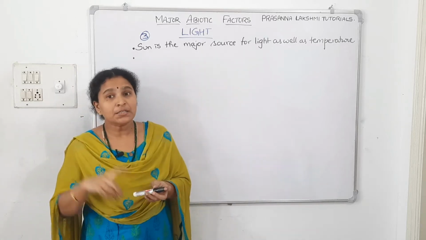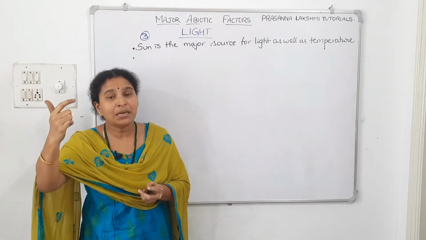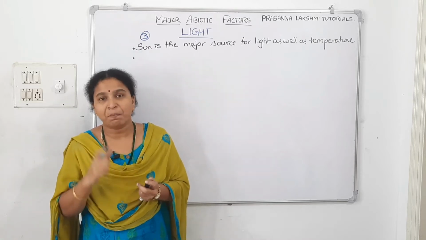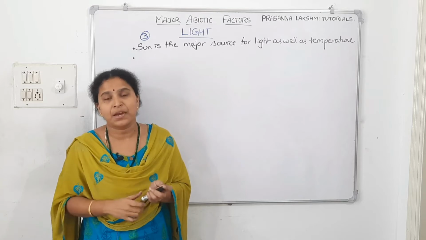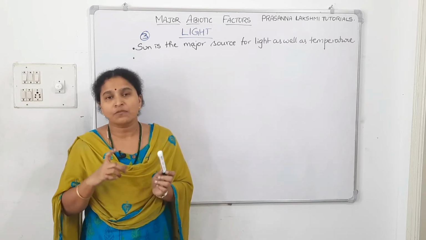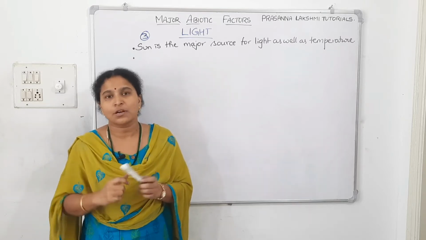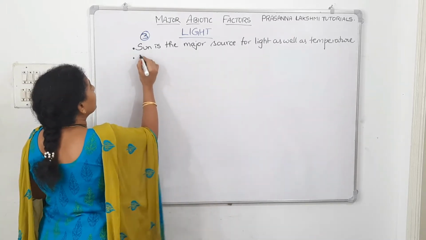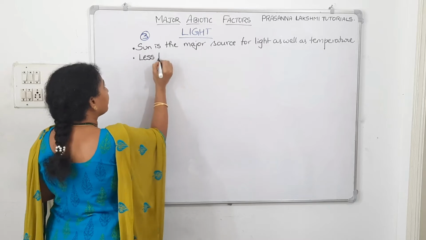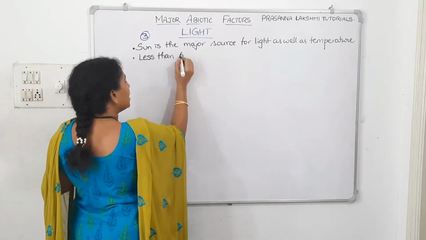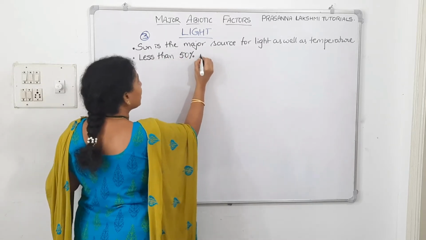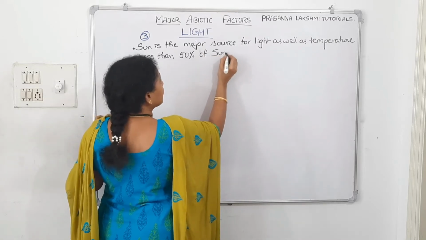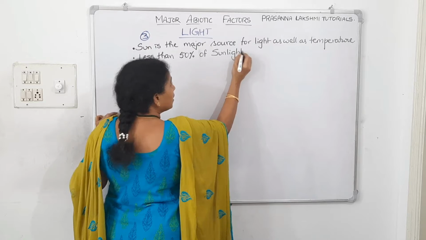Now, how much percent of the sunlight comes and hits the ground is the photosynthetic active radiation, PAR, we say.